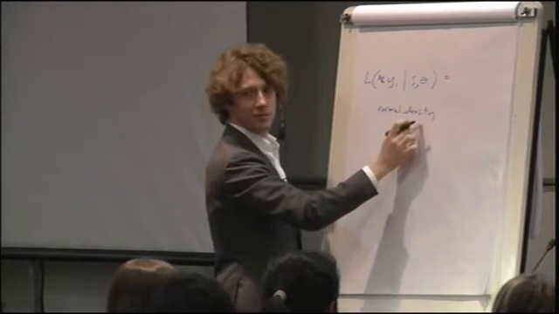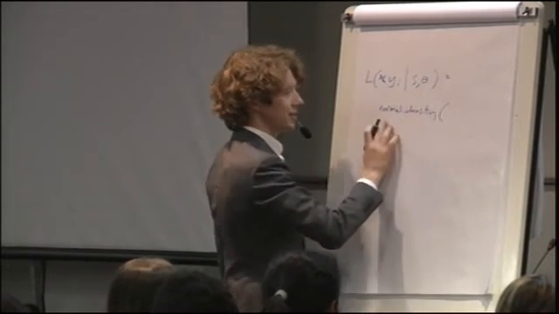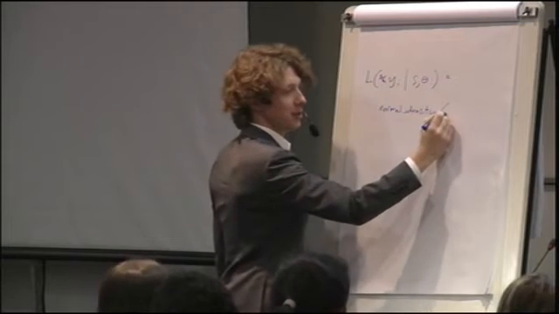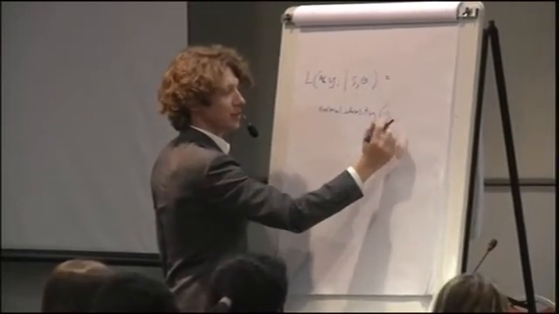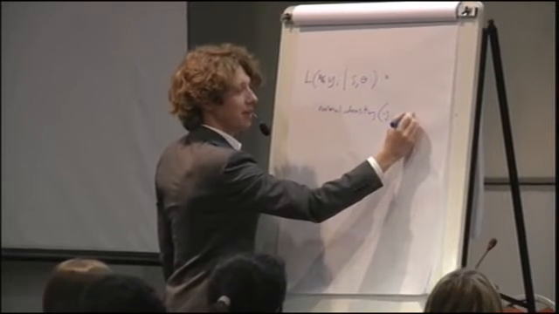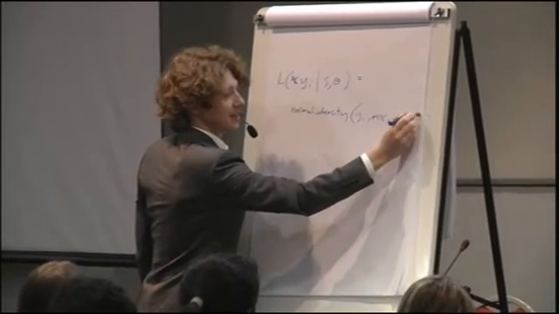Different people would use different notation for this. And this says, what's the probability that you would observe yi from a normal distribution with a mean of m xi plus c and a standard deviation of sigma.